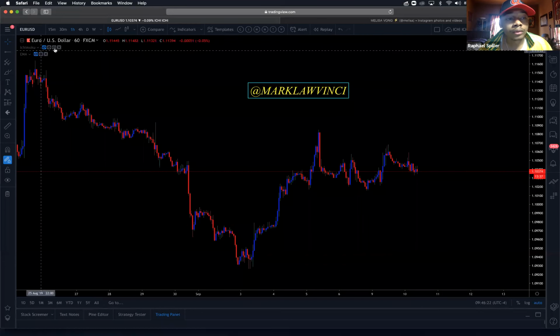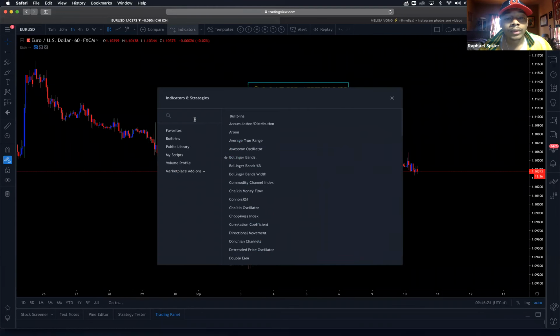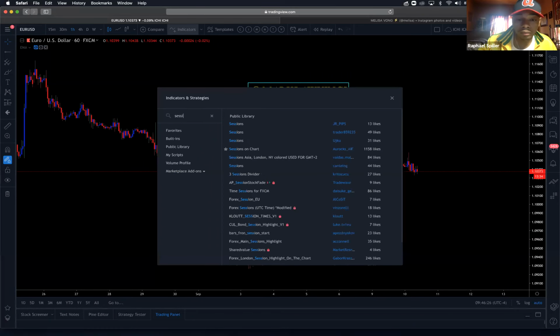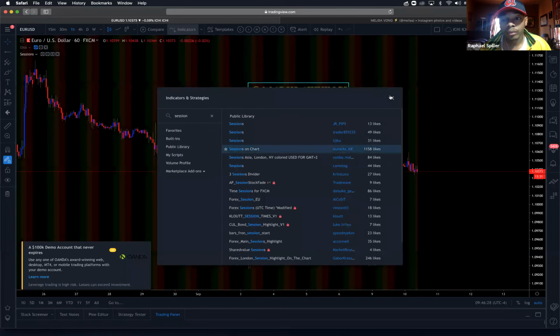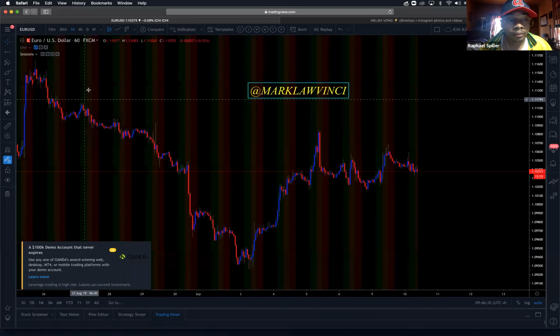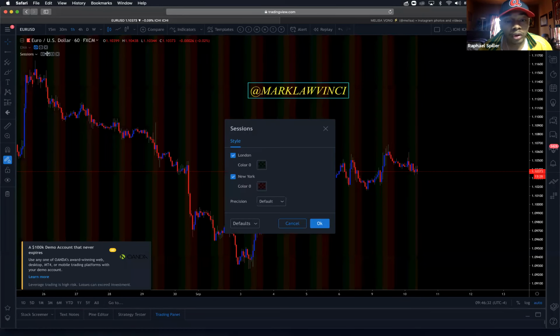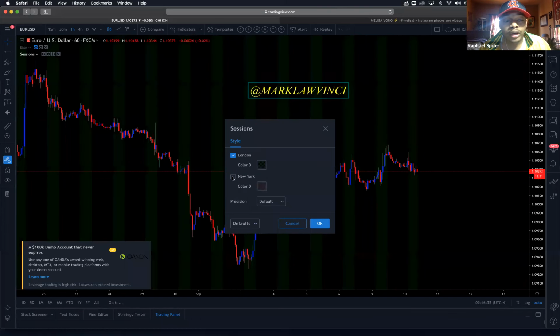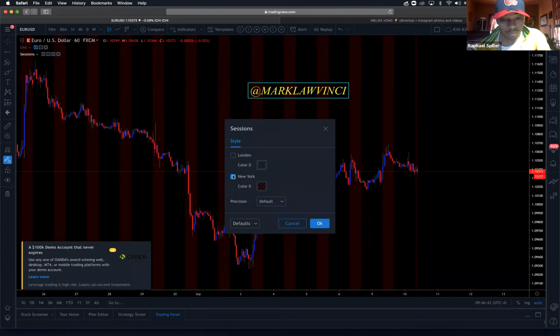Let's take this off. Sessions on chart, right? These colors pop up. If you go to the settings, you have different colors. It shows you the run in London, and then it shows you the run in New York, right? When I say run, it shows you the pips.